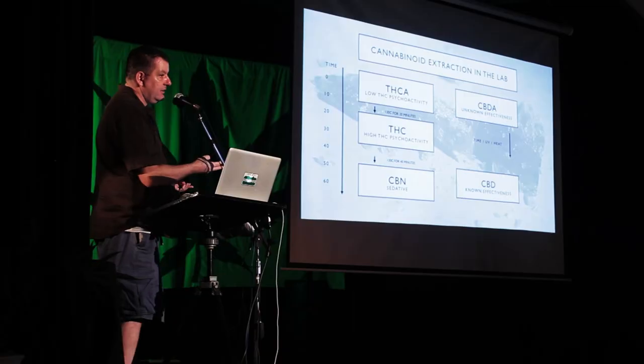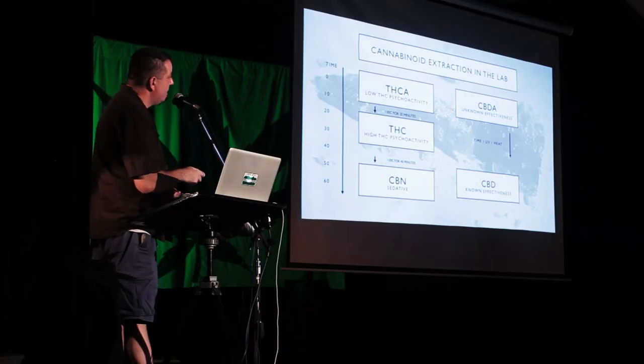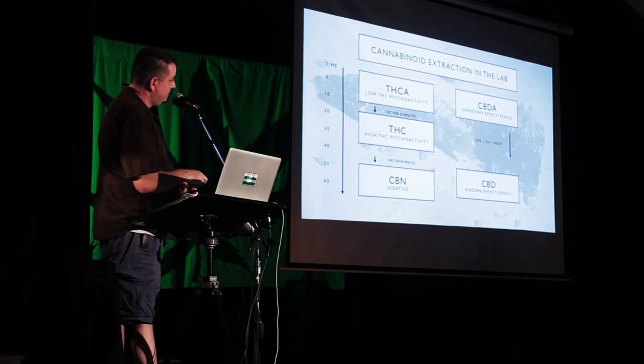At that 20-minute mark, almost no CBDA is converted to CBD. So you've maximized your THC, but you're not getting a lot of CBD. If you maximize your CBD, which means you run the whole thing for about an hour, then most of your THC ends up as CBN. So you end up with a product that's CBN and CBD, but virtually no THC.